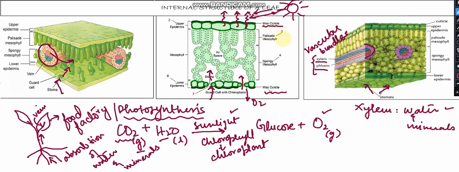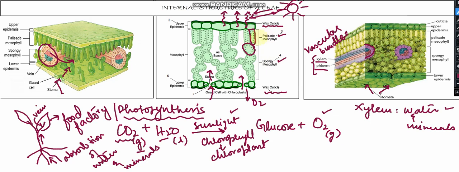Now remember I also mentioned that these longitudinal cells and circular, irregular shaped cells are both called mesophyll cells. But there is a difference: these longitudinal cells are called palisade and these irregular shaped cells are called spongy.